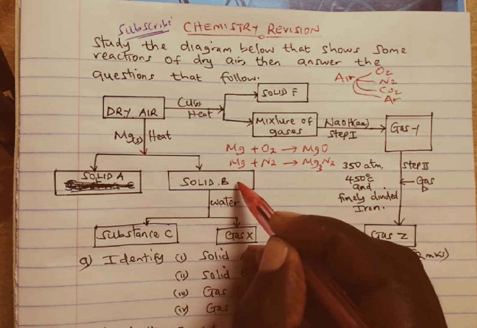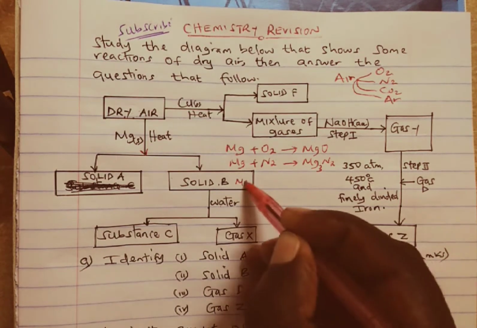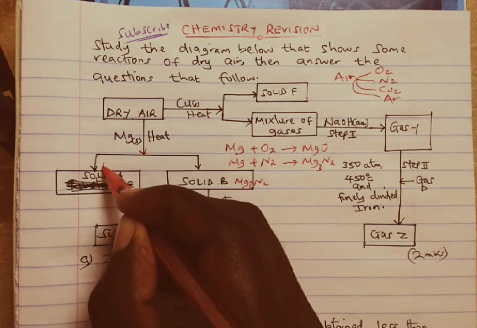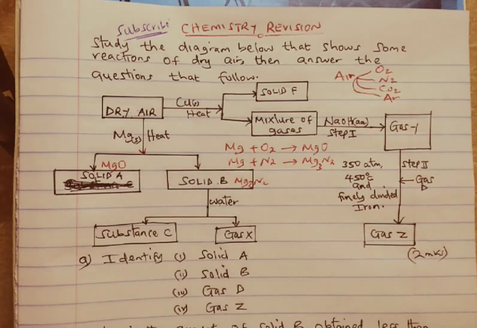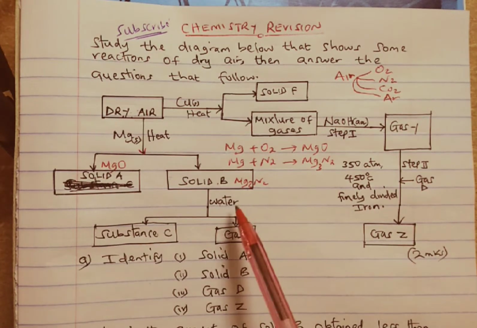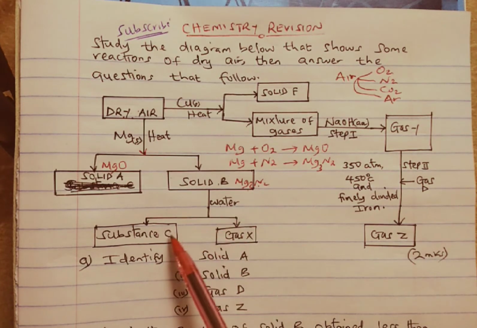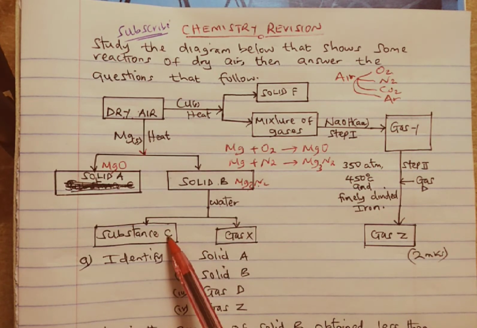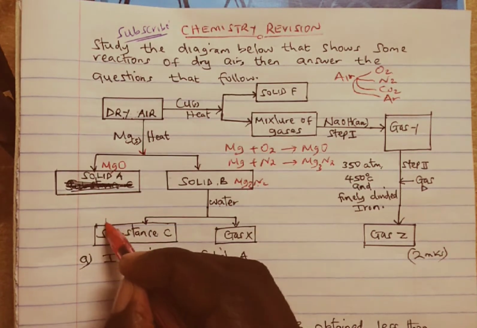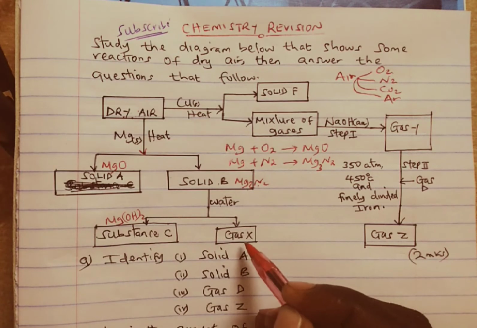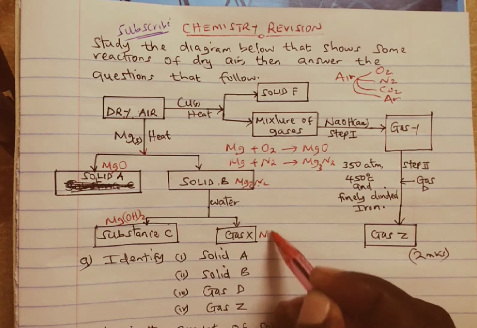So solid B is magnesium nitride. Then now solid A becomes magnesium oxide. Then once magnesium nitride combines with water, it forms substance C, which is magnesium hydroxide, and gas X, which is ammonia.